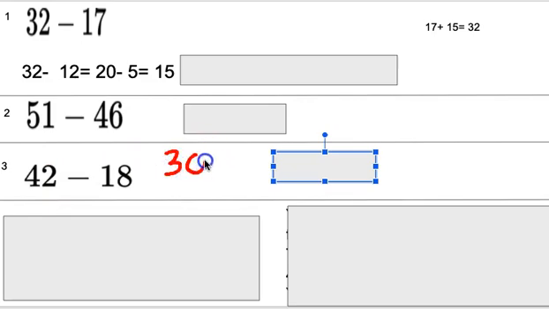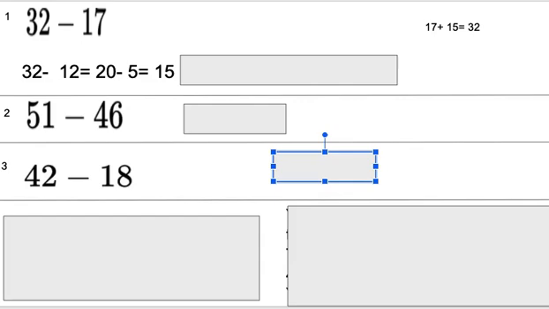But 30 is still not going to work because that's just 10. So then I'd have to count back. So I would go 29, 28, 27, 26, 25, 24, 23, 22. Let's see if that's right. That doesn't make any sense. That doesn't work.